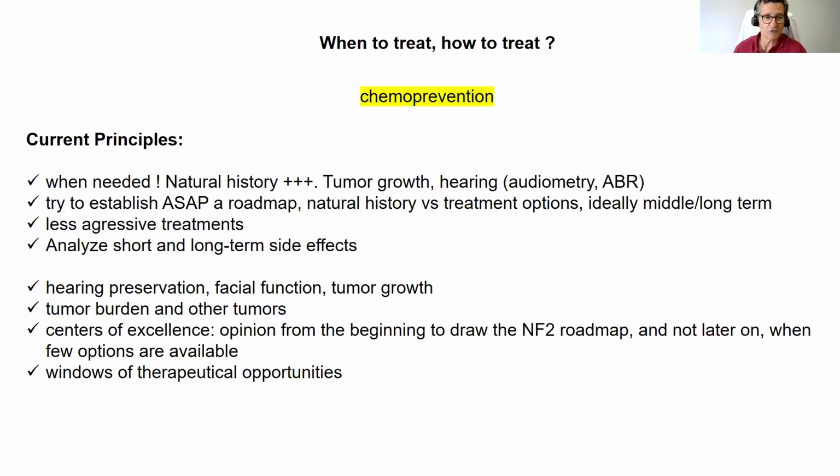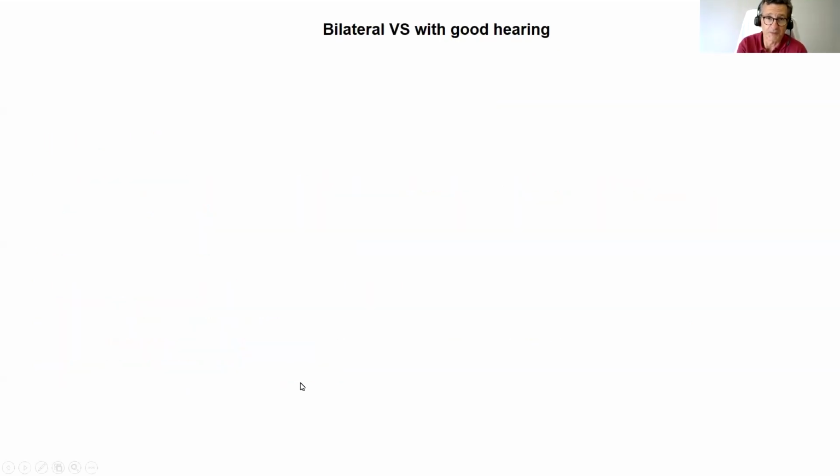And sometimes we see the patient very late in the disease, when very few options are available. For example, where they had a surgery on one side, the other tumor is very large, the situation is very difficult. I think it's very late. So we are here for such patients, but it would be nice to have the patient from the beginning to discuss all the options, because there are windows of opportunity.